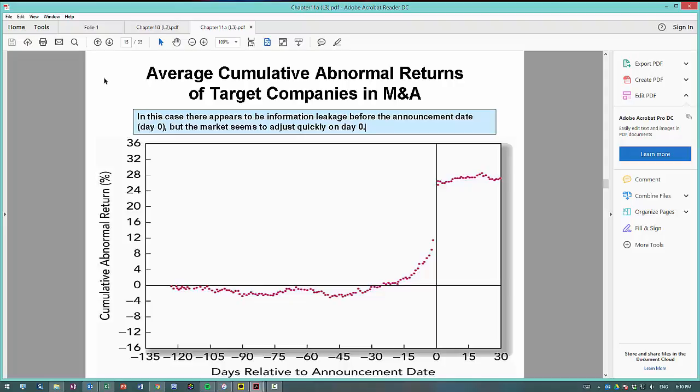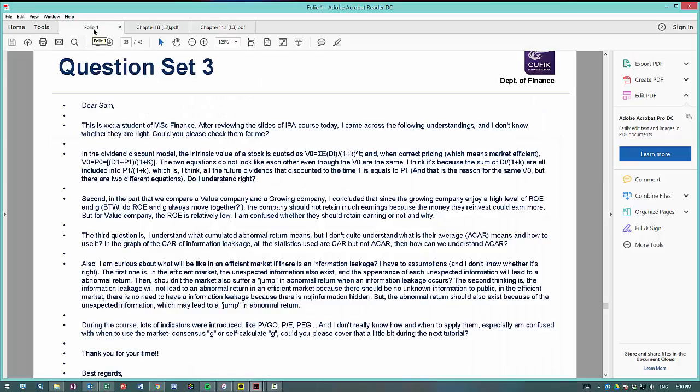Okay, now please understand, because I know the question here, I think this student may be a little bit confused here. There is no need to have information leakage because there's no information hidden. Now, I wouldn't say that, because regardless of whether markets are efficient or not, let's just put that aside. Let's not discuss market efficiency. A company will always have confidential information. Of course it does.